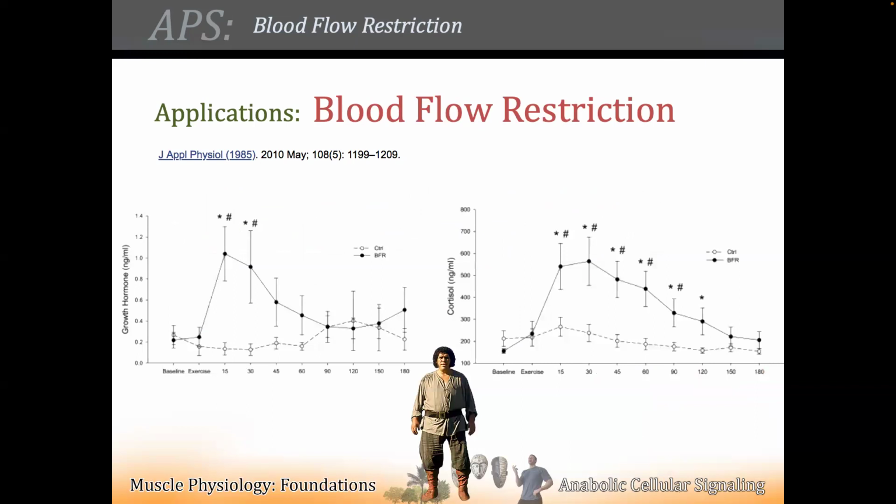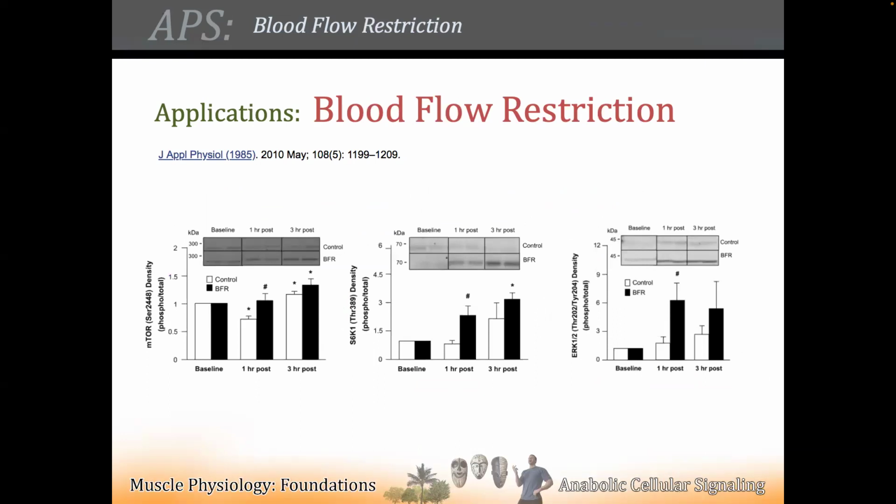In the next lecture, we'll talk about ways to mitigate that specific effect. But they did find differences in mTOR, P70S6K, and MAPK, ERK phosphorylation. And so greater activity in the blood flow restriction group in all of those.